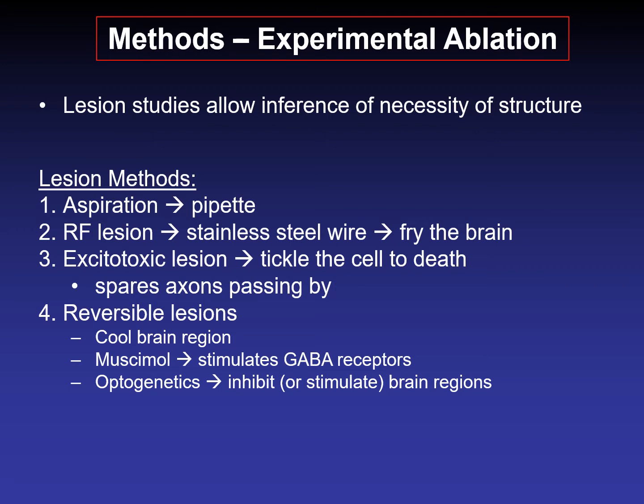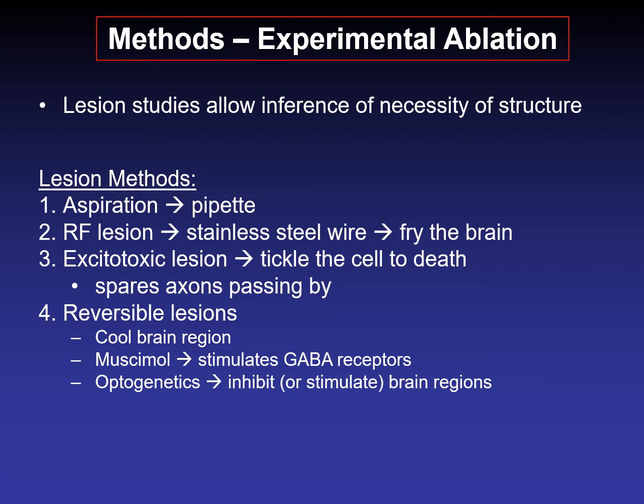And in so doing, you can actually have neurons produce ion channels that are light sensitive. So you can depolarize those neurons just by shining a light on them. Or alternatively, you can hyperpolarize neurons by shining a light on them. And if you hyperpolarize them, this causes the brain region to become inactive, and that's functionally a lesion.